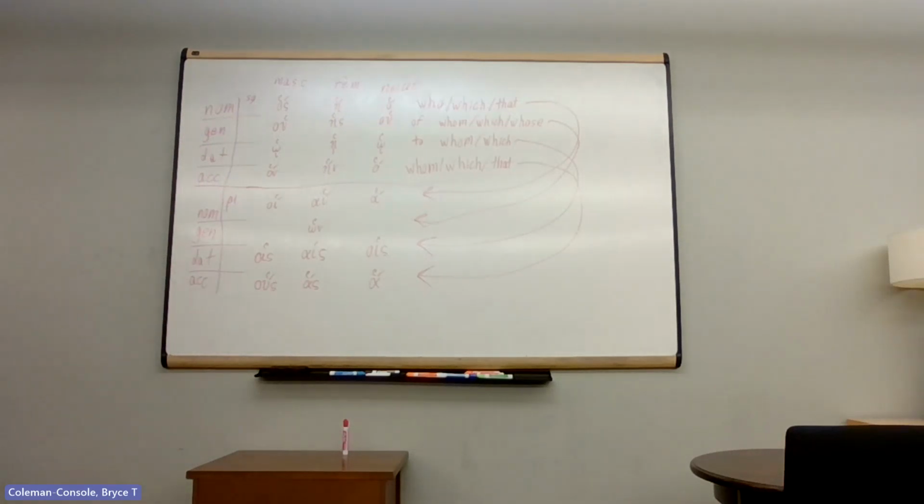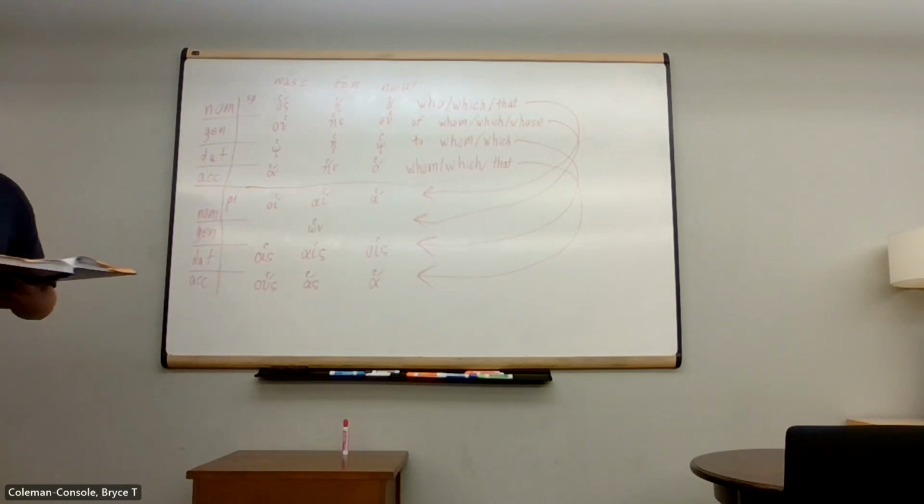Why are there so many different words for a single meaning? Good question. The number and gender of a relative pronoun are the same as its antecedent, which is the word that it represents. Just the number and the gender.